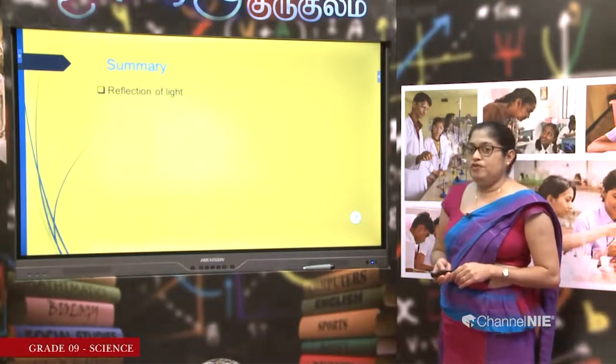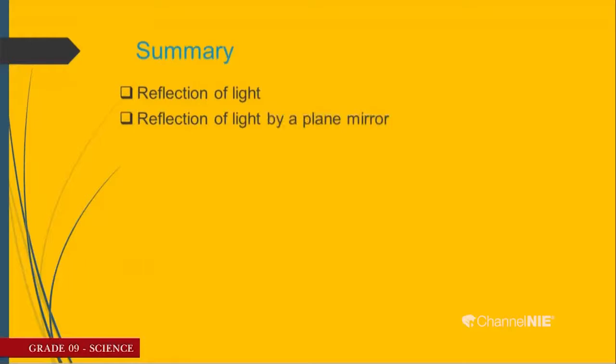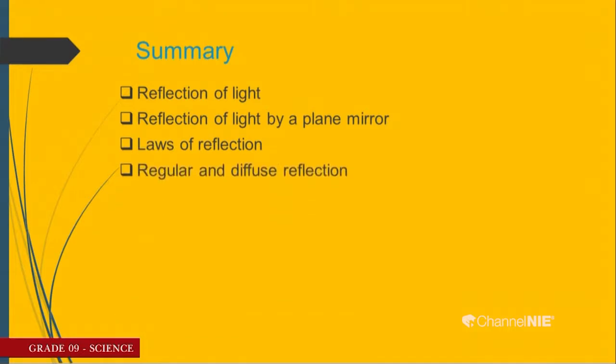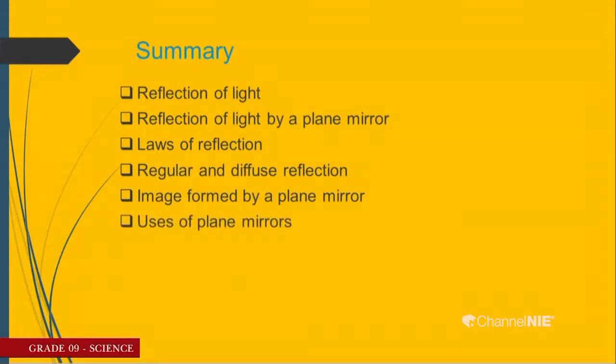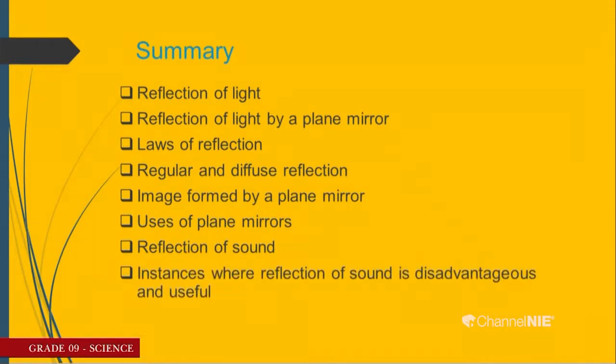We did reflection of light, reflection of light by a plane mirror, laws of reflection, regular and diffuse reflection, image formed by a plane mirror, uses of plane mirrors, reflection of sound, and instances where reflection of sound is disadvantageous and useful.